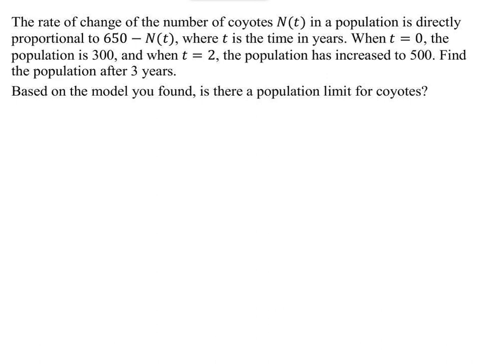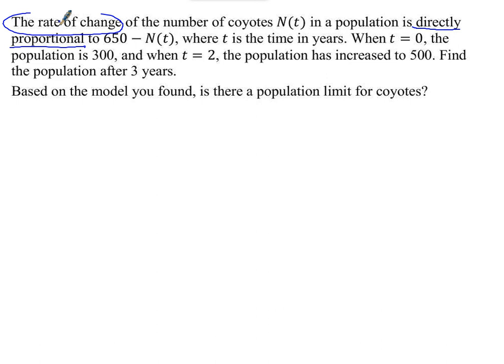Yes, so you're seeing ordered pairs already. But the thing that you need to see is this phrase right here, directly proportional. So that's going to set up a lot like the problems that we're doing in section 2. It says the rate of change of the number of coyotes is directly proportional. What is the rate of change?